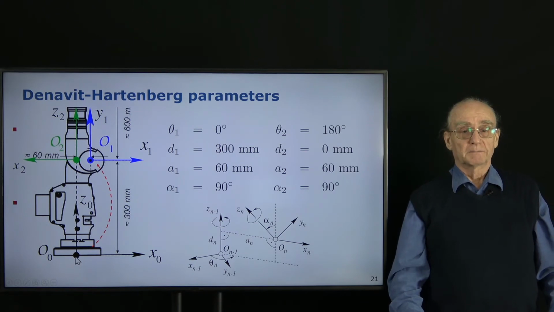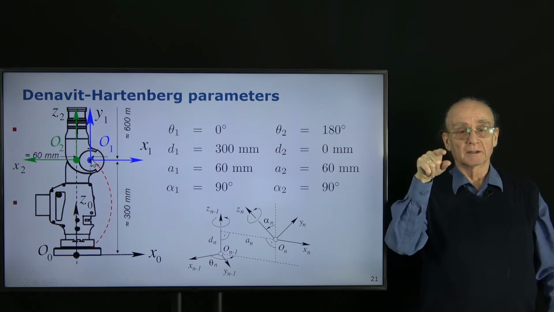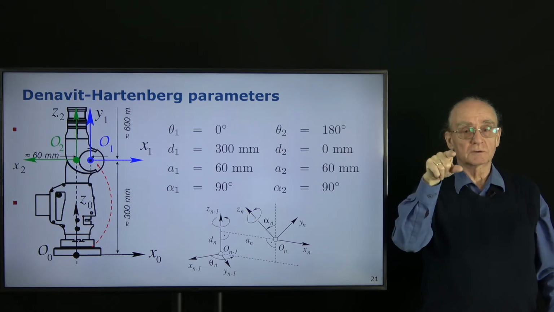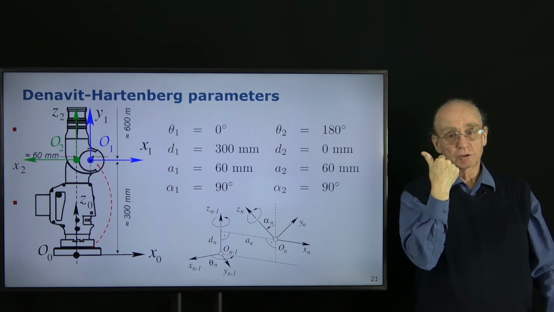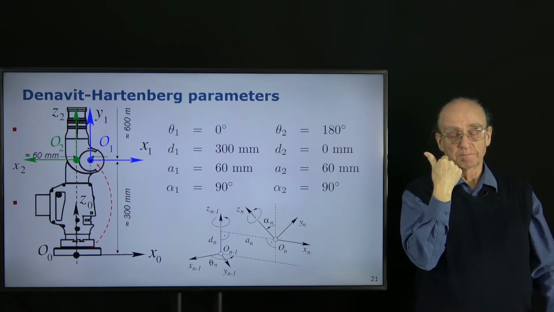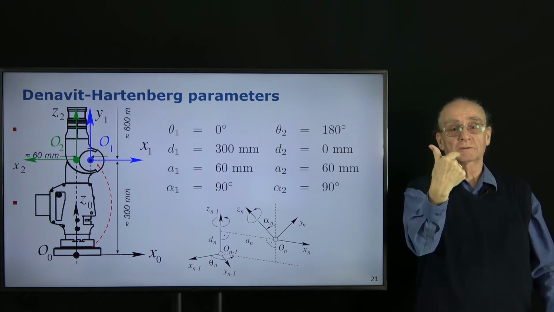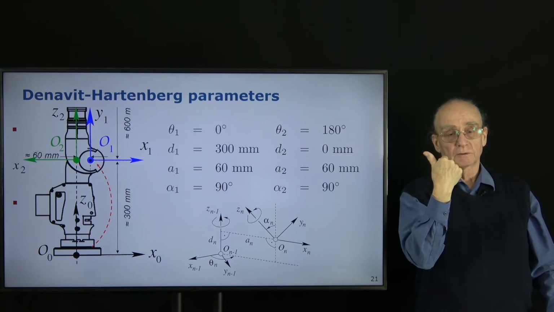Now, that means the z0 axis is this vertical line. Now, what is the z1 axis? This is a horizontal line which either goes into the screen or out of the screen. You can choose one or the other, it doesn't matter. So I chose that the axis goes out of the screen.